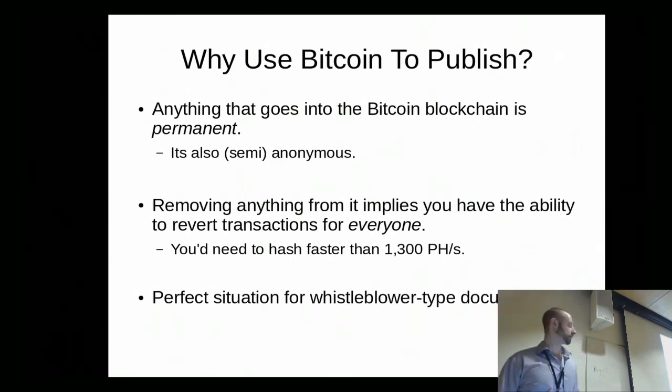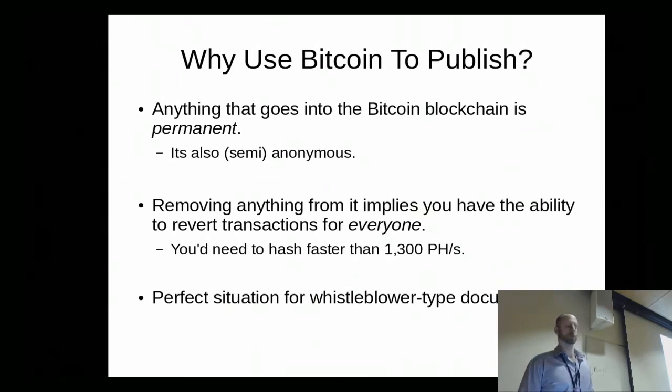As I said, it's permanent. Technically speaking, you could, in theory, remove something from the transaction log, but it would require ridiculous amounts of computing power. You'd need about 1,300 petahash per second, or something around there.